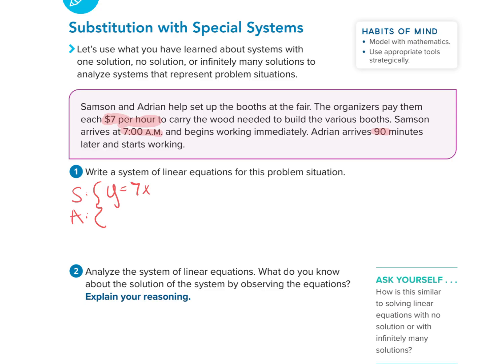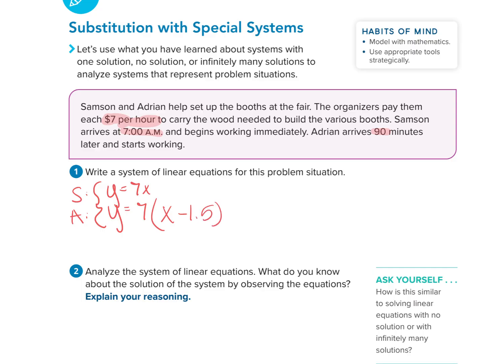And then for Adrian, he's also going to make $7. But he's going to come in an hour and a half later. So that hour and a half is going to affect his hourly pay. So how we can do this is we're going to say x minus 1.5.